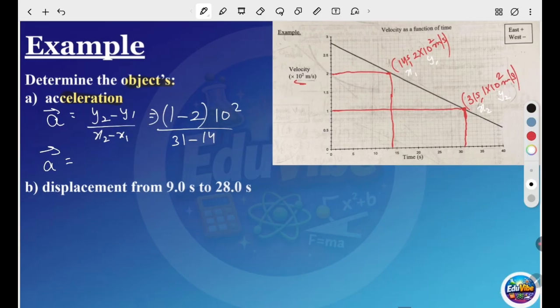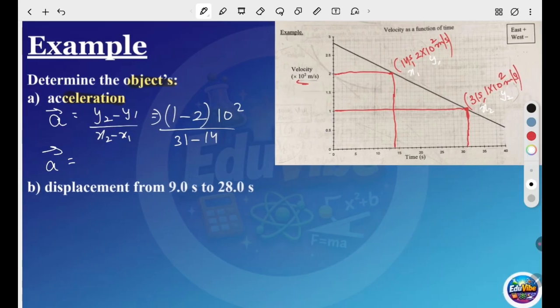So our acceleration is, when we do this, we get minus 0.0588 into 10 raised to power 2, which is, when we shift that point over there, approximately minus 6 meter per second square, and this was the answer. So this is the acceleration.